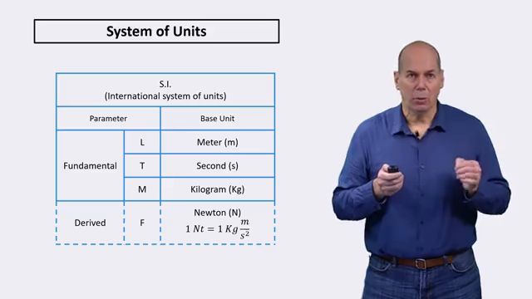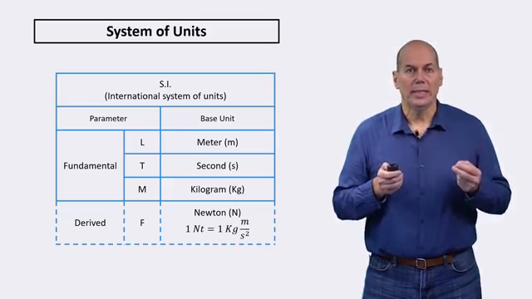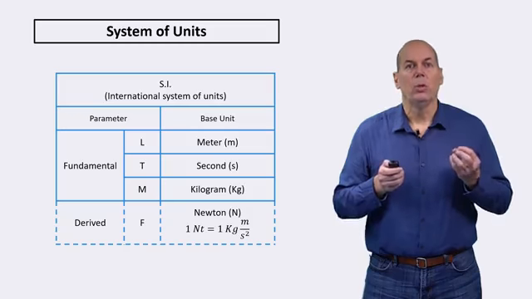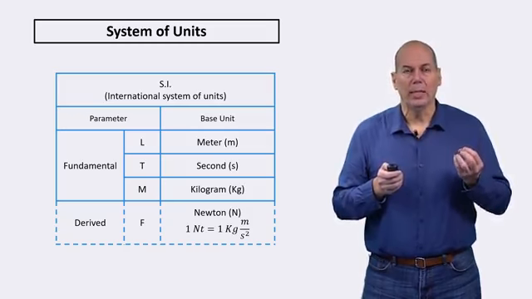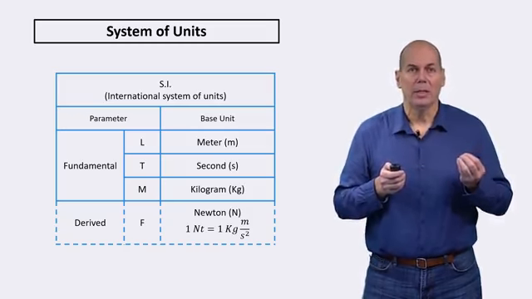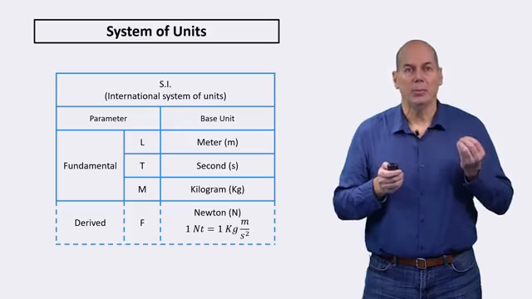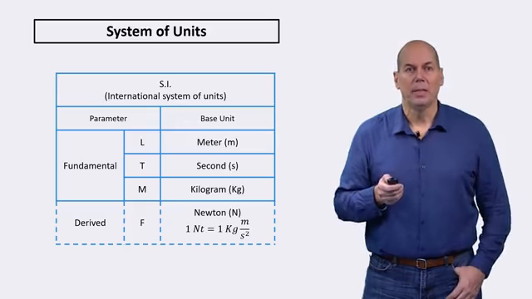Force is a derived quantity for this system, and it is called Newton. 1 Newton is the force required to cause an acceleration of 1 meter per second squared on a mass of 1 kilogram. So it is equal to 1 kilogram times 1 meter per second squared.